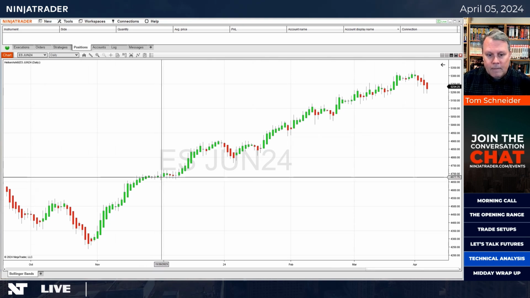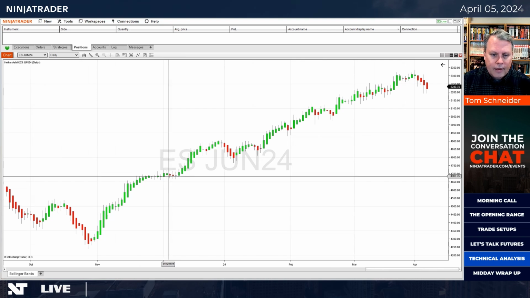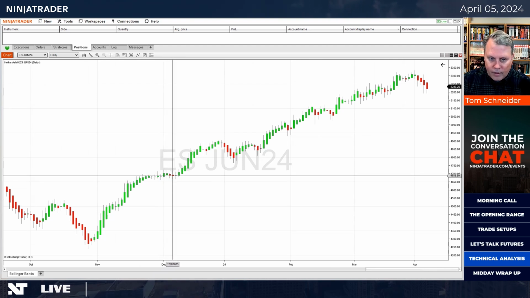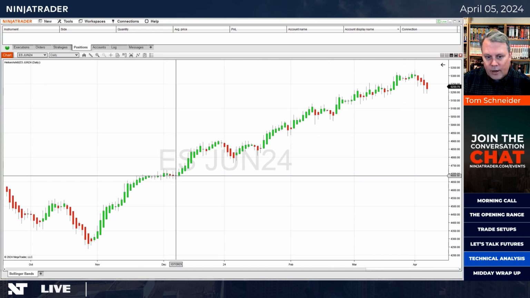Now, before we see that reversal, though, we'll probably see some doji type looking wicks or very, very small bodies with wicks on the top and the bottom. And even then, we did get some red body candles here, but it turned right around.